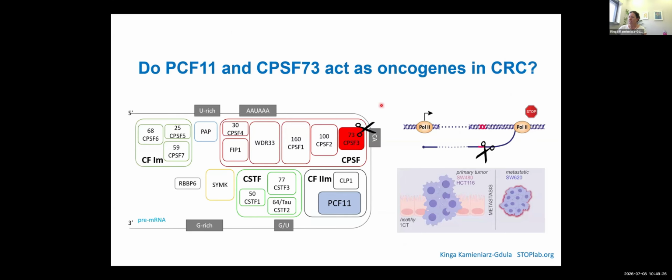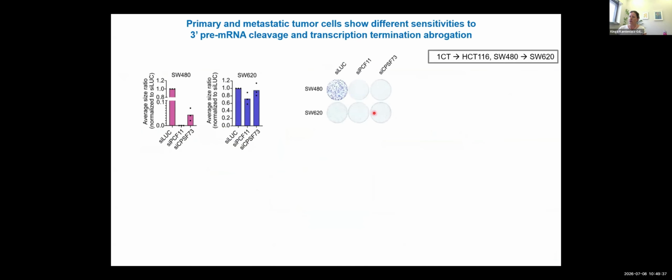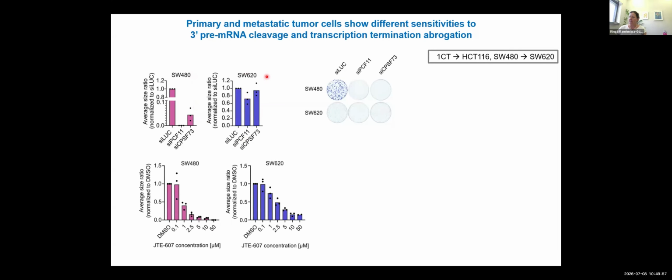So what we did not know was whether in the context of colorectal cancer, CRC, those factors acted as oncogenes, because this wasn't tested. So we tested this with colony formation assays. And basically what we could see is that when performing knockdowns, we saw a very strong effect on the cell line coming from primary tumor, and only a slight one, only with PCF11, using the cell line from metastasis.